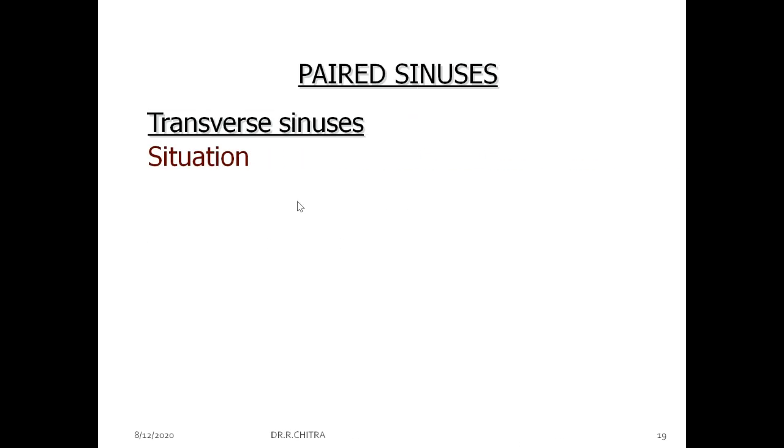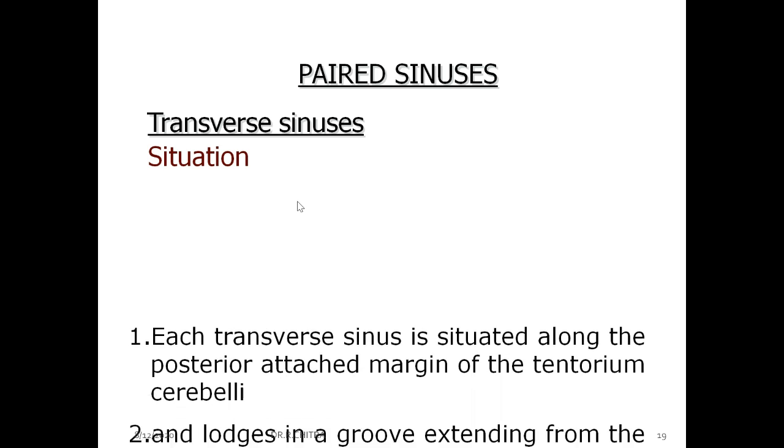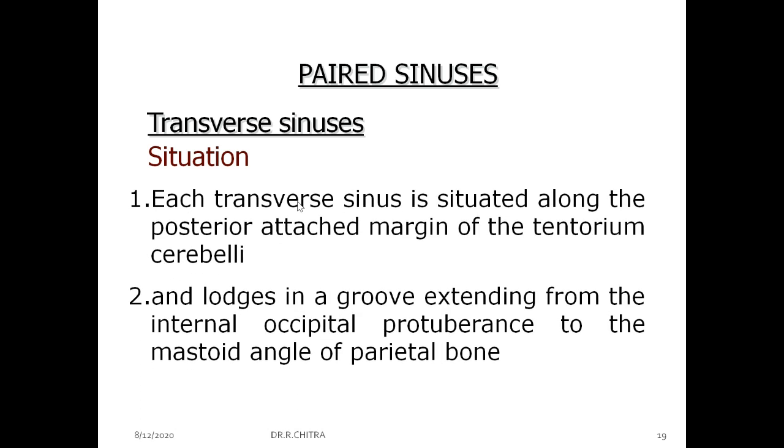We will now see the continuation of these sagittal sinuses, which have become the transverse sinuses, situated along the posterior attached margin of the tentorium cerebelli. It lodges in the sulcus extending from the internal occipital protuberance to the mastoid angle of the parietal bone. This sulcus is called the transverse sulcus.